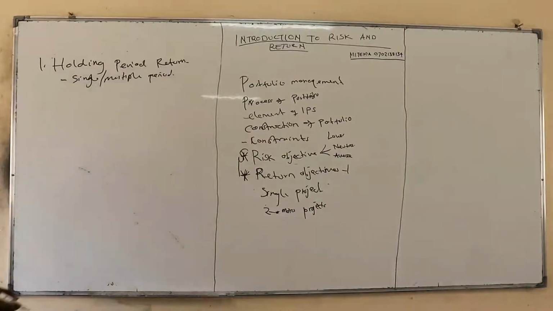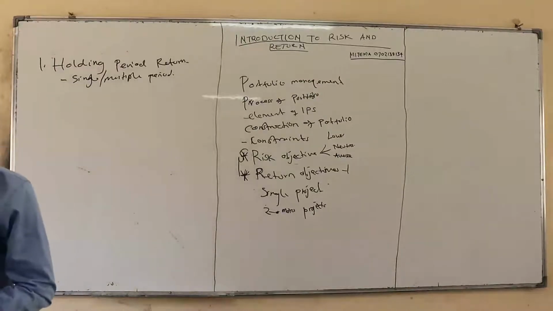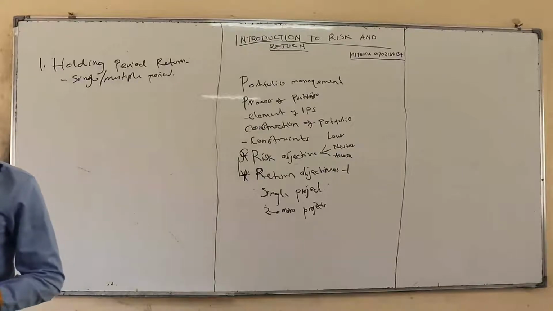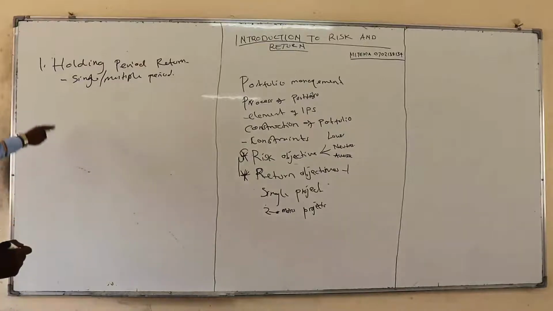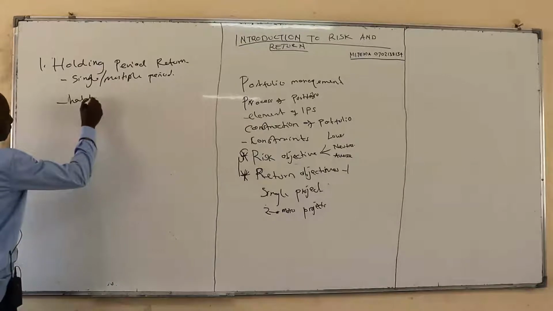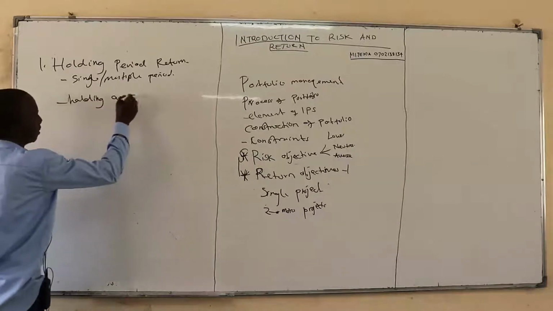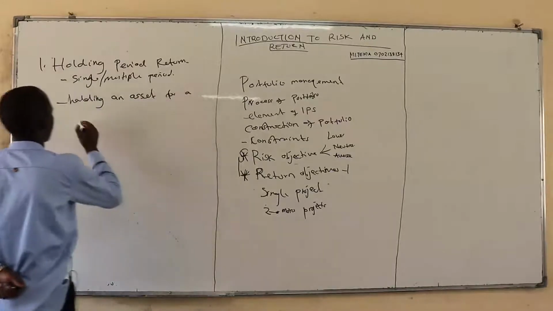Remember, we said that we have periodic returns. Holding period return is the return earned from holding an asset for a single specified period of time.